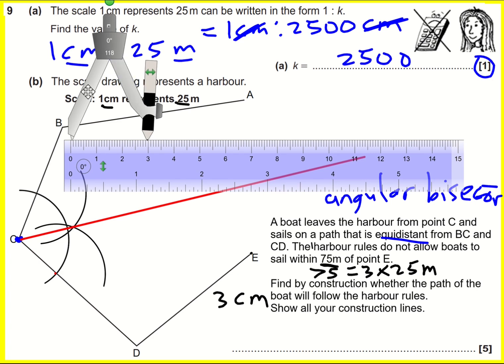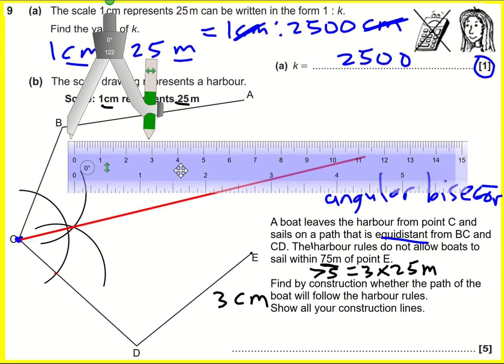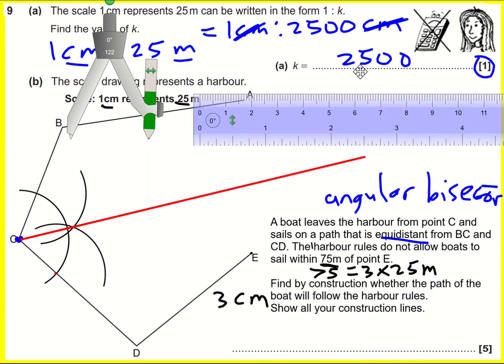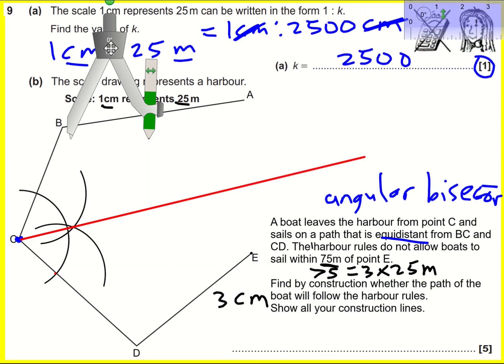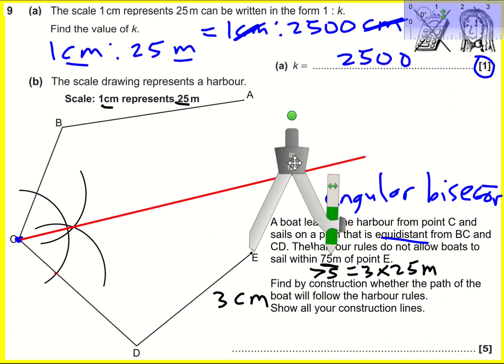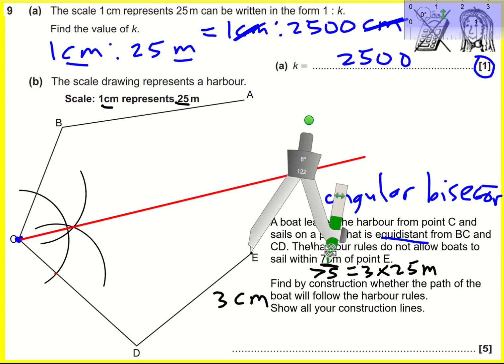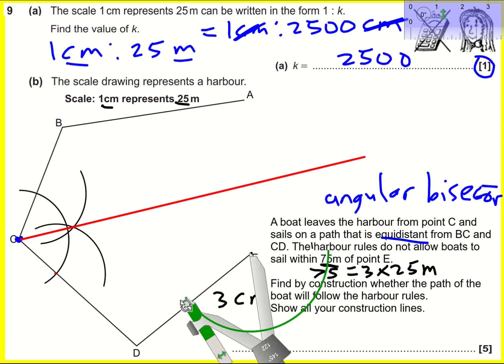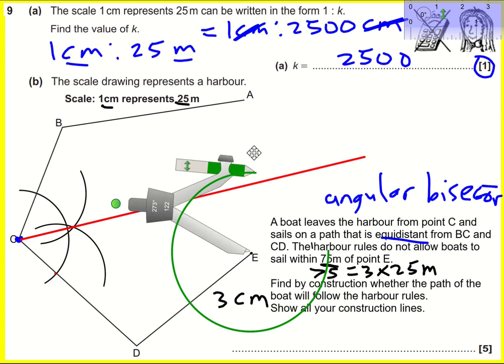Okay, there we go, that's pretty good. I'm going to use green for this. Move my ruler out of the way. So now I've got this 3 centimeters, put the point on E, and I can draw all the points that are 3 centimeters away from E, and that is this circle.